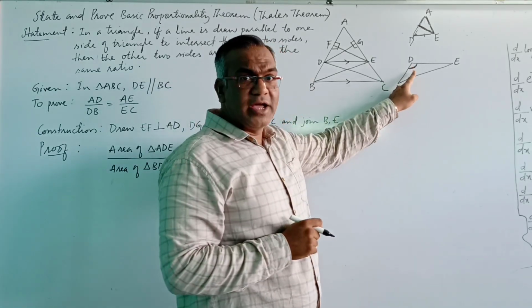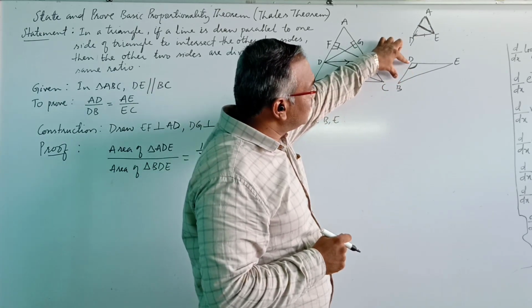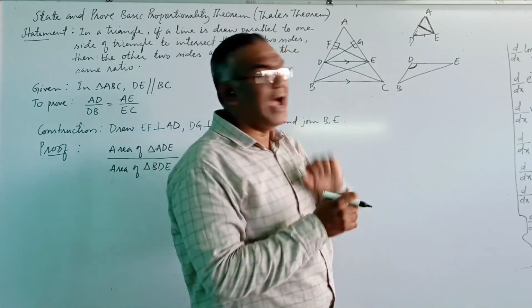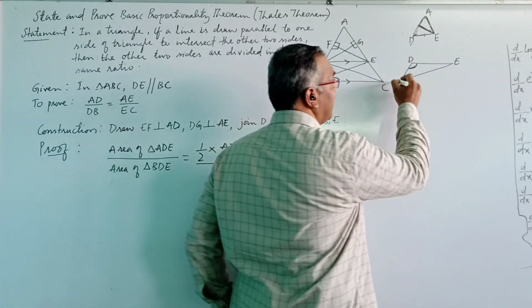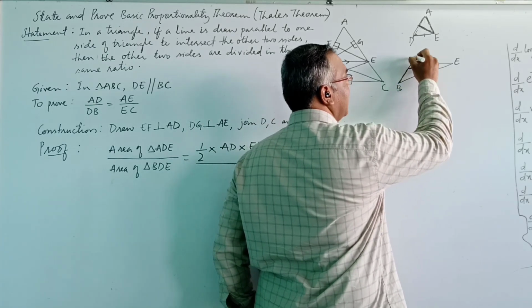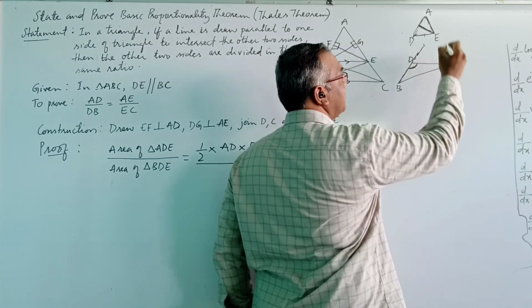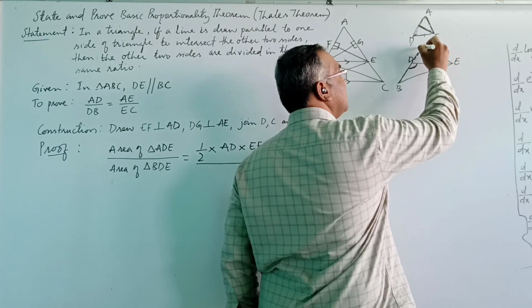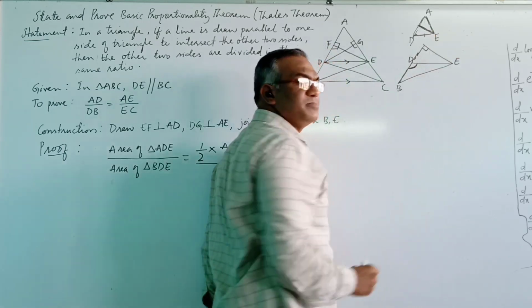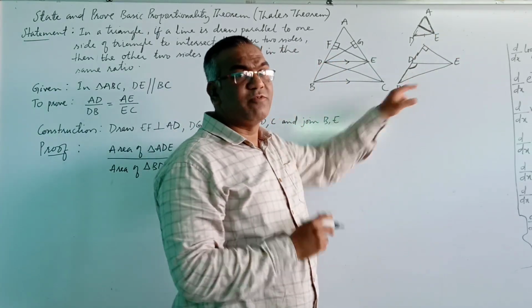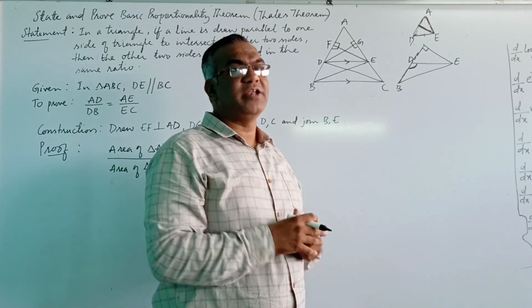In an obtuse angle triangle, if you consider this as base, then where is the height of this triangle? You have to extend the base, and draw a perpendicular. That will be the height. This is what you have to do in an obtuse angle triangle.